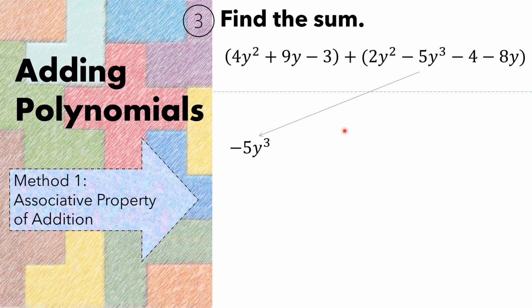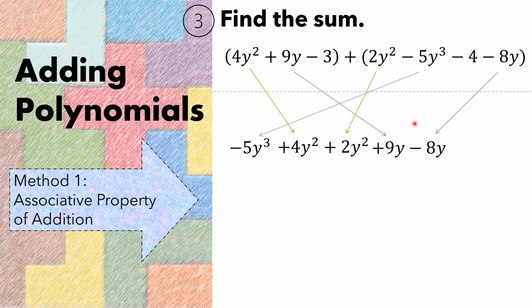So there is negative 5y cubed, then followed by 4y squared plus 2y squared, then plus 9y minus 8y, and combine the constants, negative 3 minus 4. Simplify.